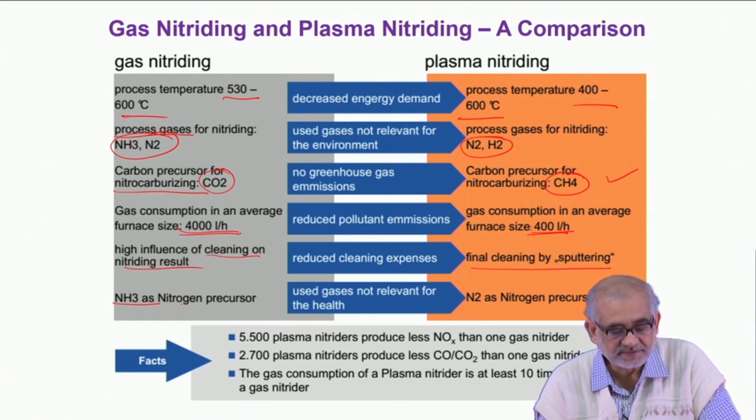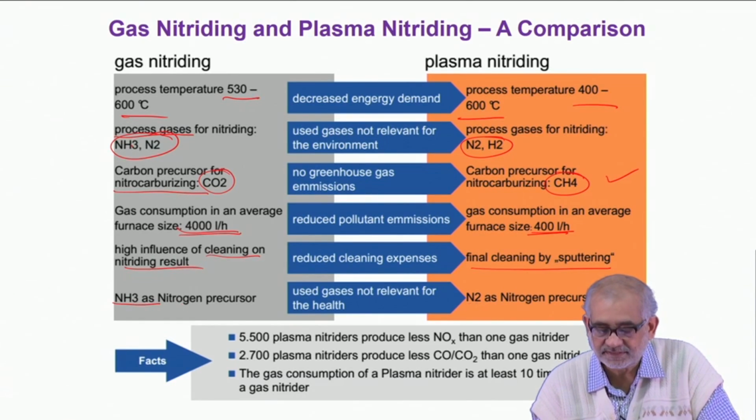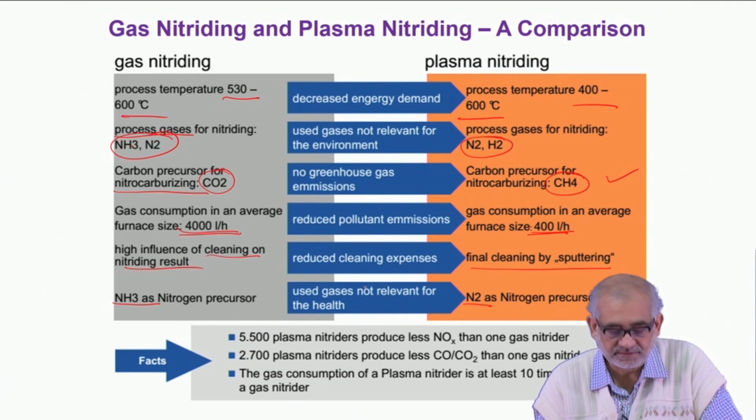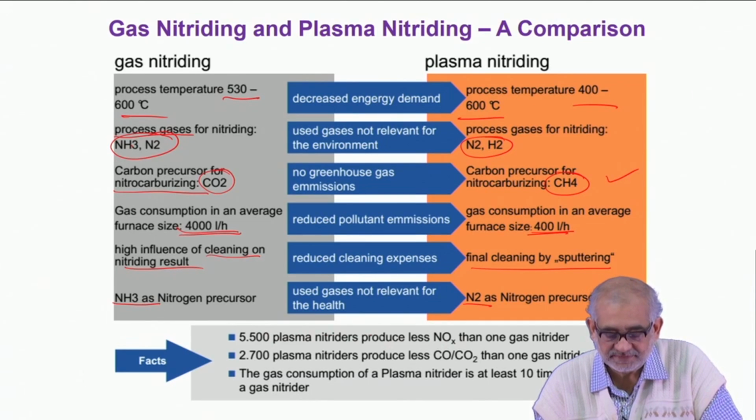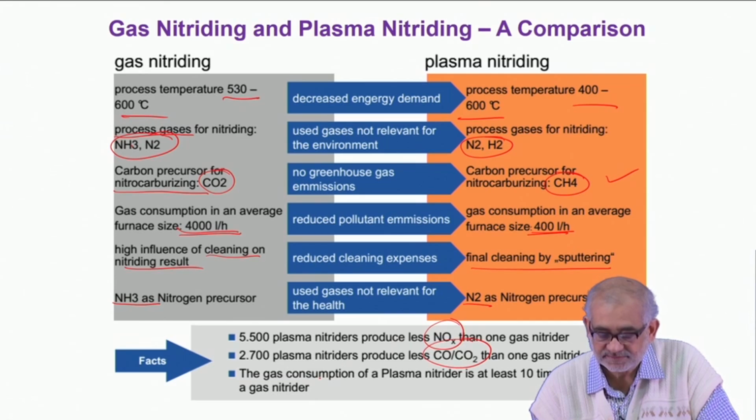Here in gas nitriding we are using ammonia as a precursor, and in plasma nitriding we are using only nitrogen as precursor. So there's no health hazard involved at all. In general, by comparison, general gas nitriding produces a lot of NOx gases, produces greenhouse gases, and also gas consumption is higher.